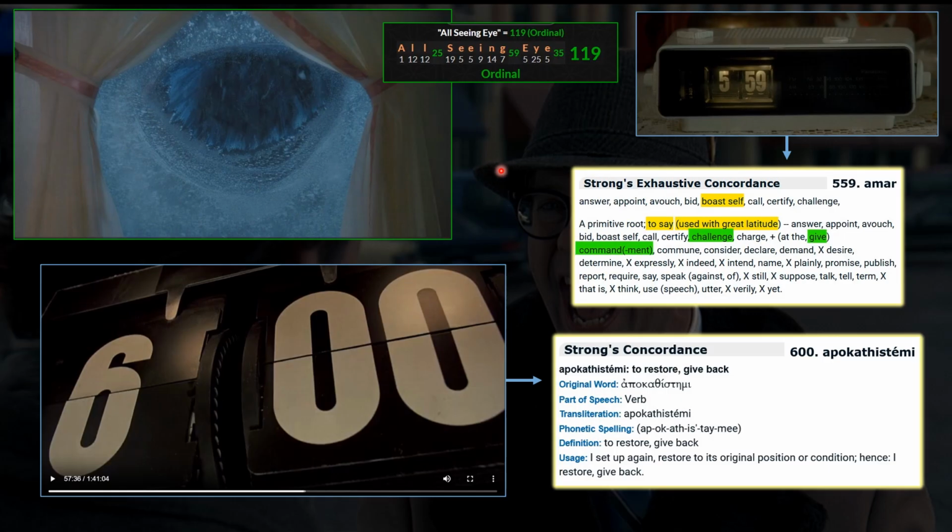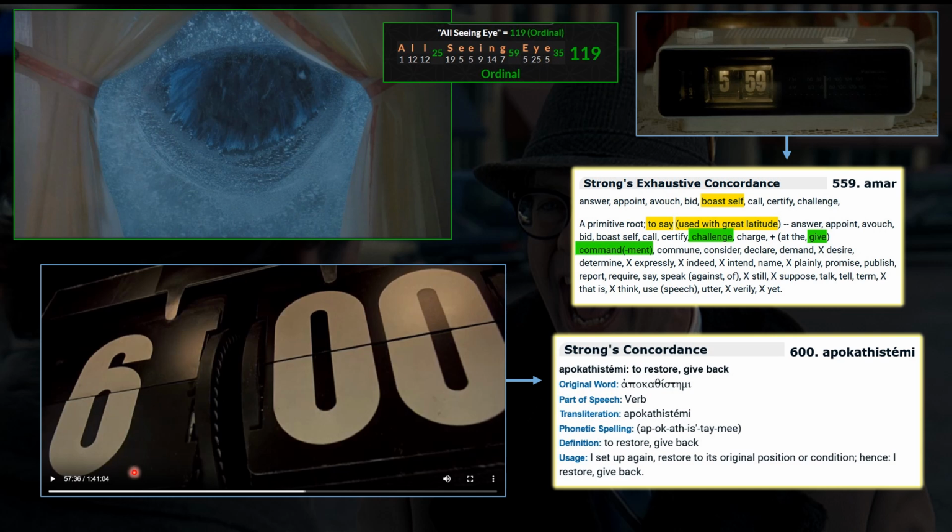But when he wakes up in the bedroom, we see the frosty window there, and the frosty window is an eyeball. It's the all-seeing eye that we see on the back of the $1 bill. Again, all-seeing eye is a 119. Then they show us the time on the clock being 5:59. 5:59 in the Bible means to boast self, to say, used with great latitude, to challenge, to give commandment.